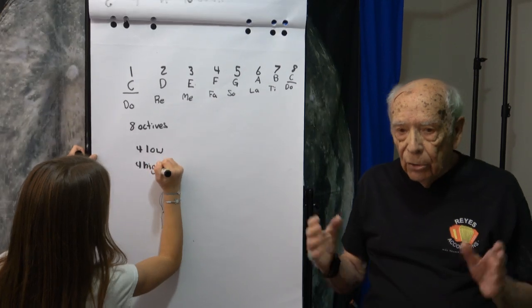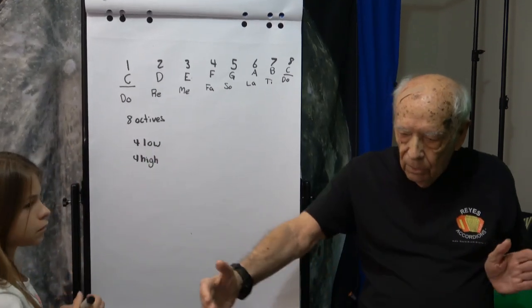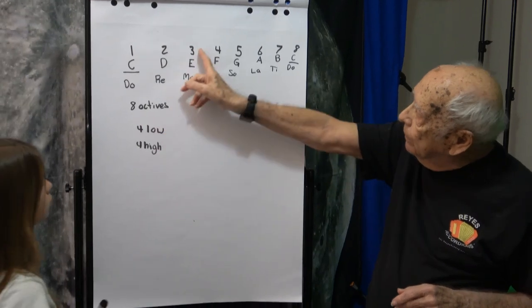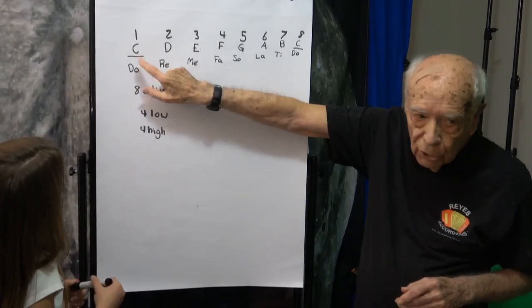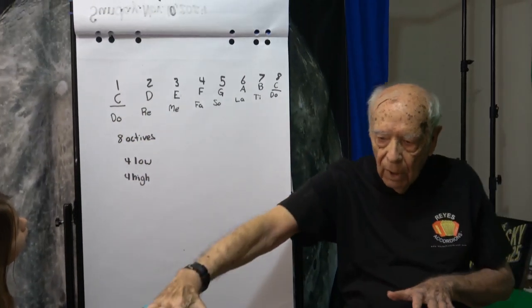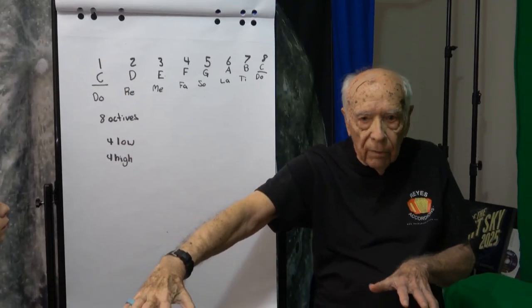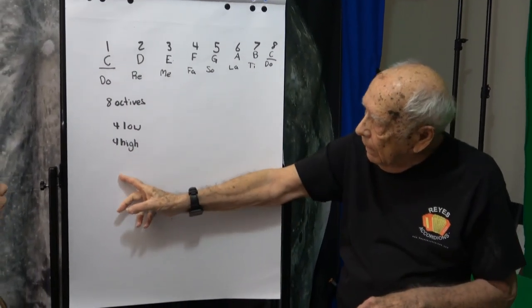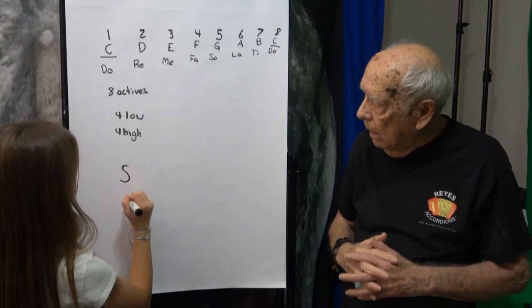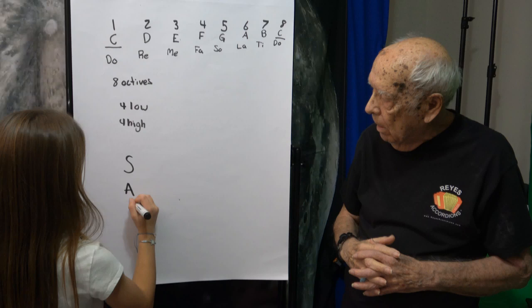So now you take your keyboard, and your keyboard has 88 keys. Now middle C, I just showed you up here, is the important one. So you got 4 octaves below, 4 octaves up here. And write down S, A, T, B.